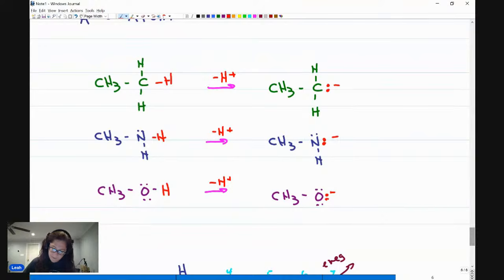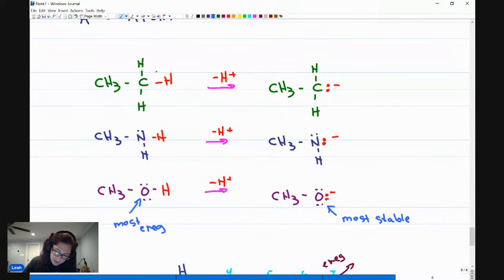So let's see. If this is least electronegative, do you think the carbon will be happy or unhappy with a negative charge? Think about it. If oxygen, let's jump down, is the most electronegative, that means when it finally gets the negative charge it was looking for, it's going to be the most stable because it is most capable of holding that charge.